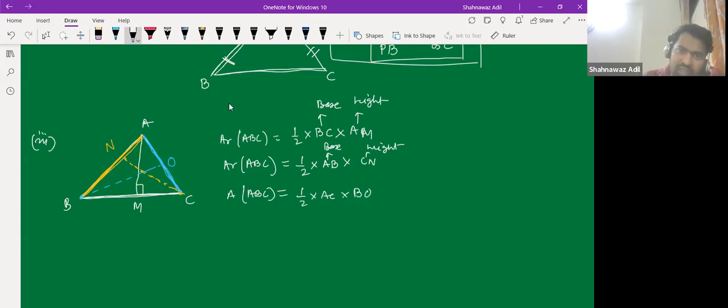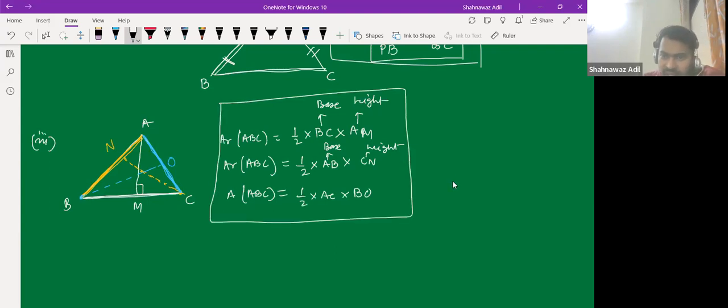So these are the things that we have to be very careful about. Let's say I take a triangle like this, and I choose my base as BC.